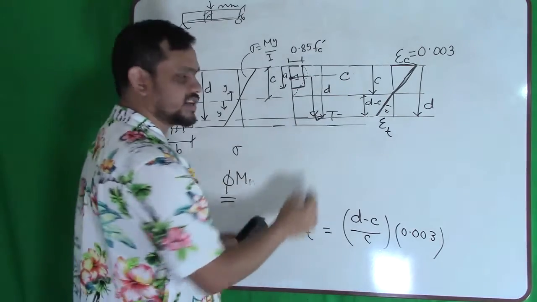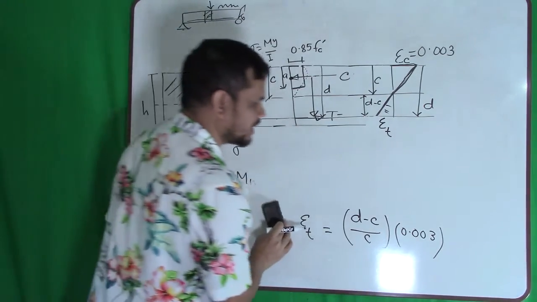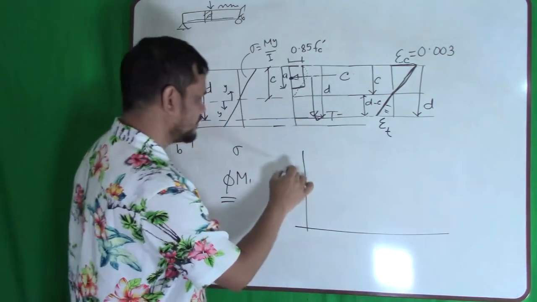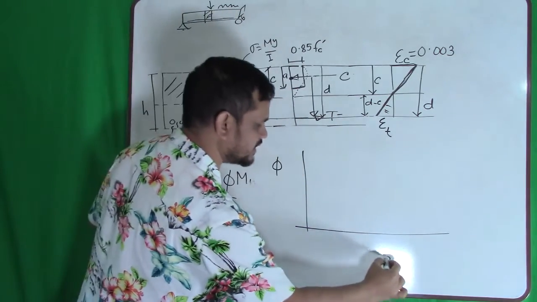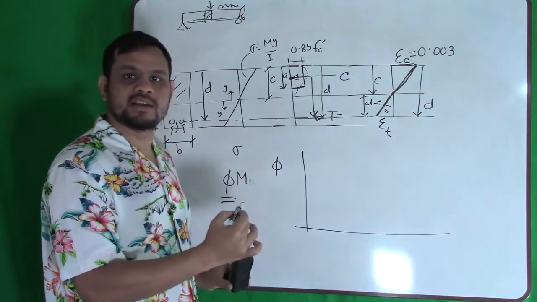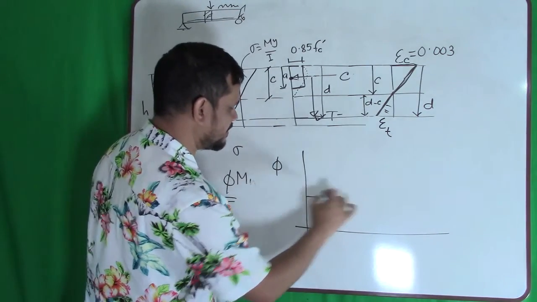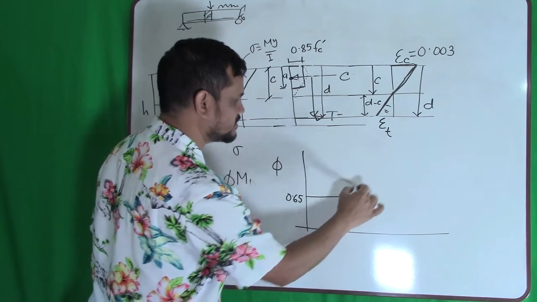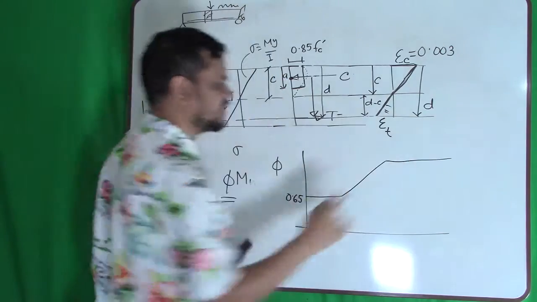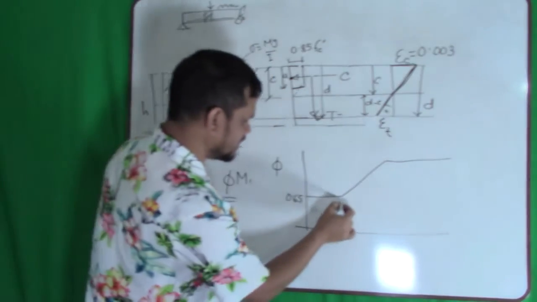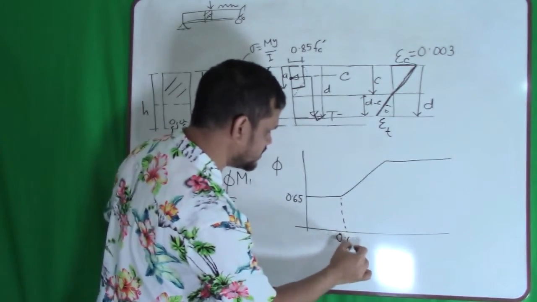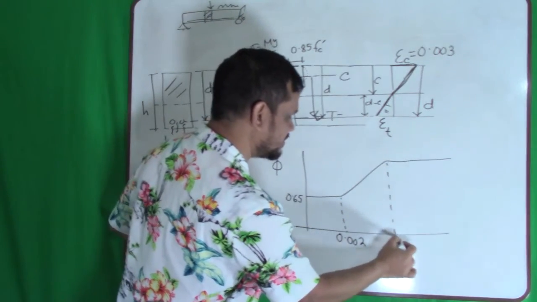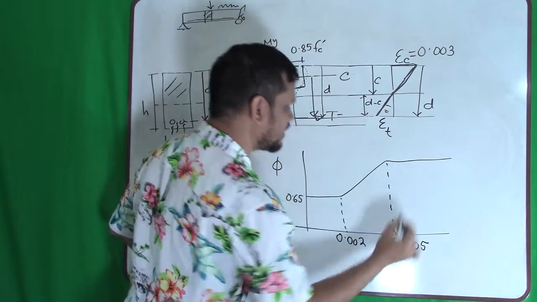Okay, I will make some room here. Now let us talk about phi. According to ACI, the phi value depends on tensile strain. The minimum value is 0.65. After some time it goes up and then becomes constant. This strain value is 0.002, and this strain value is 0.005.